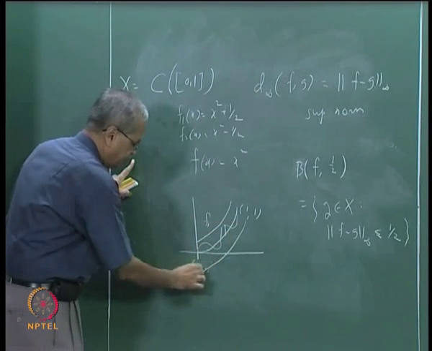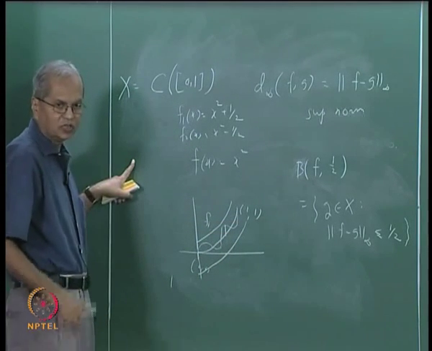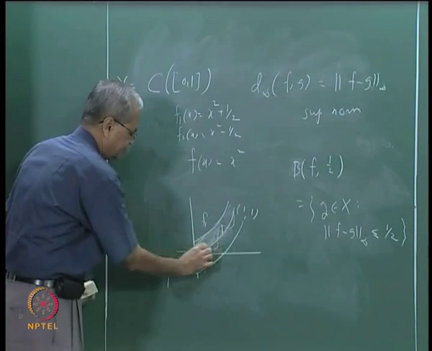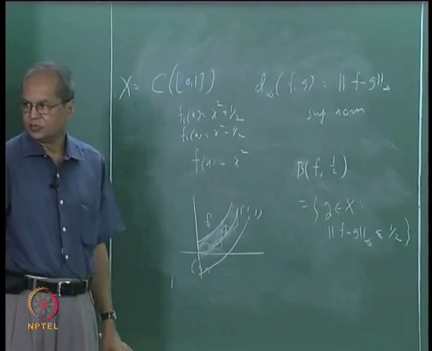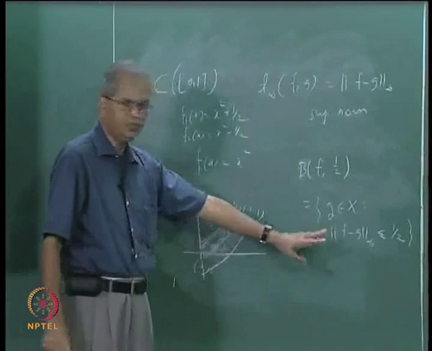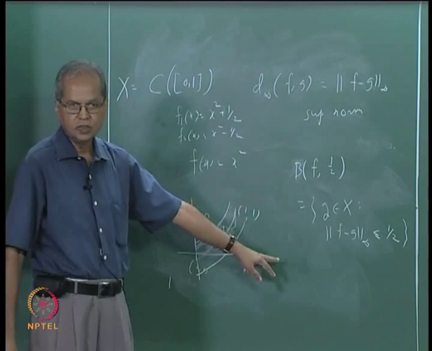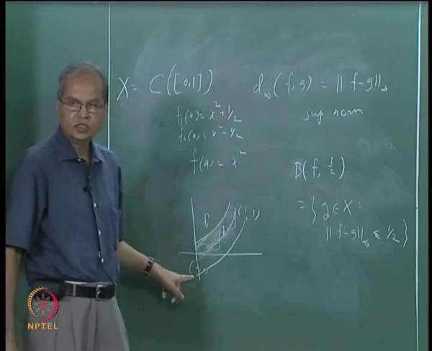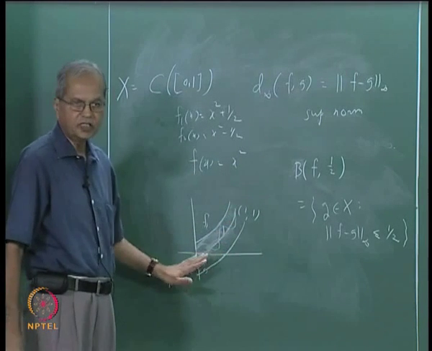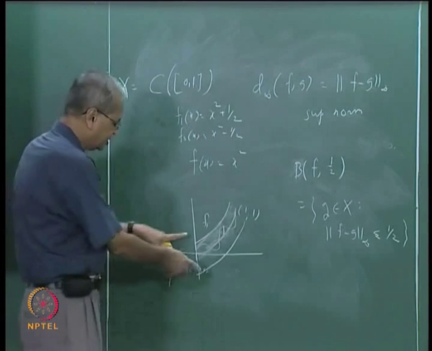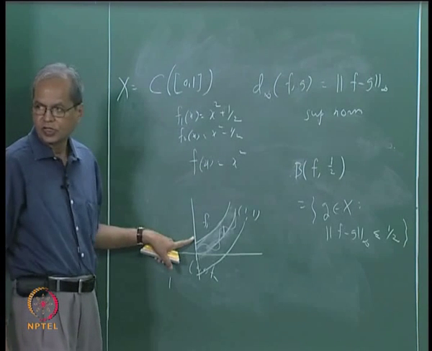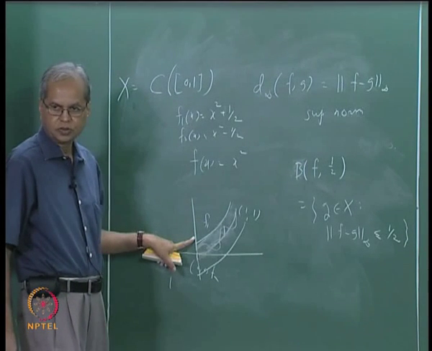Now suppose you take any g whose graph lies in this strip. Then the distance between f and g must be less than or equal to half. So the closed ball with center at f and radius half is nothing but all those functions whose graph lies between the graphs of f1 and f2.